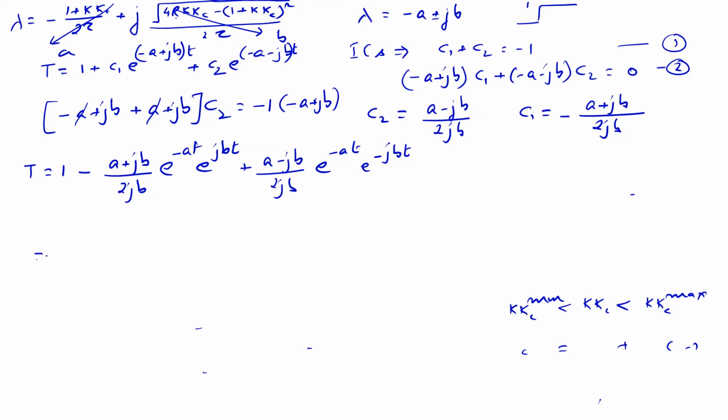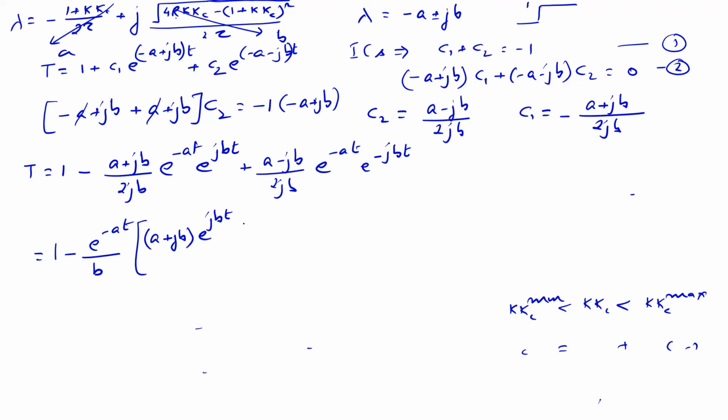And now you say, okay, let's take e to the power minus at out, negative of that, so we'll get 1 minus e to the power minus at is common. b is also common, so we'll take these things out. And so what you get is (a plus jb) times e to the power jbt.